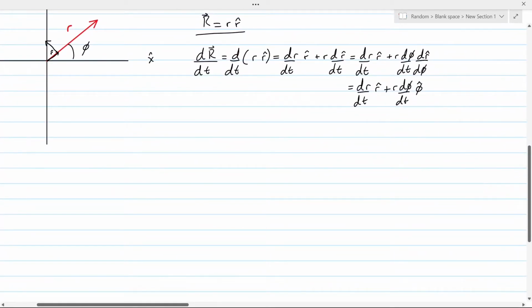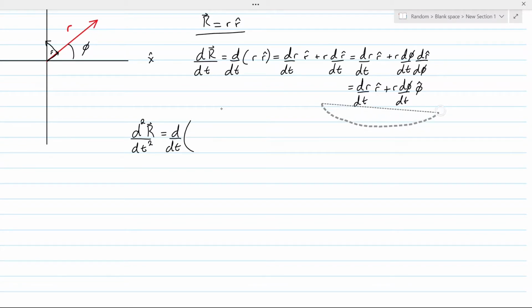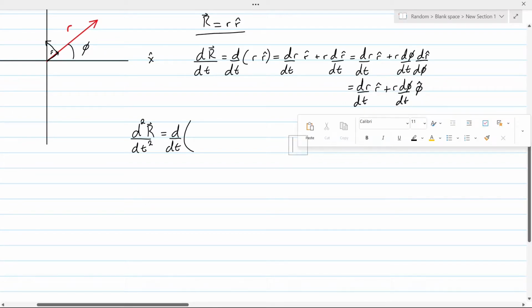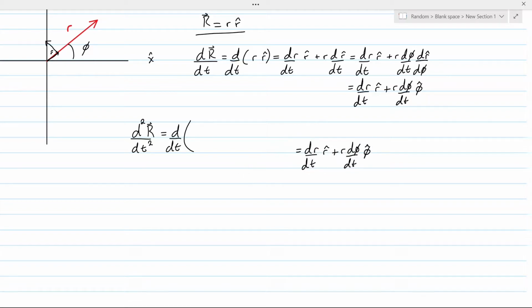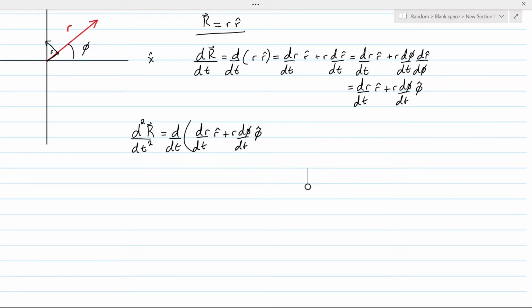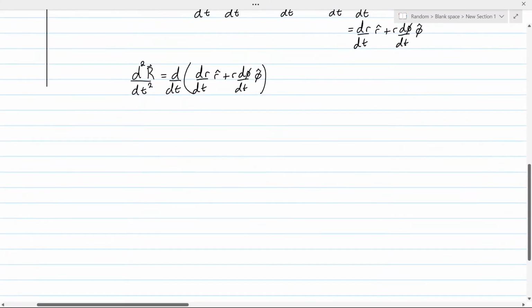Next, let's write the second derivative like that. So we are taking the time derivative of that.